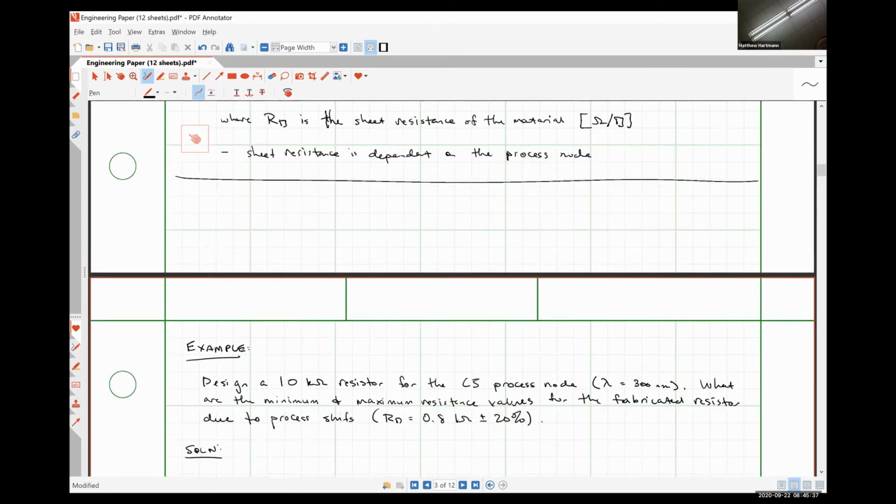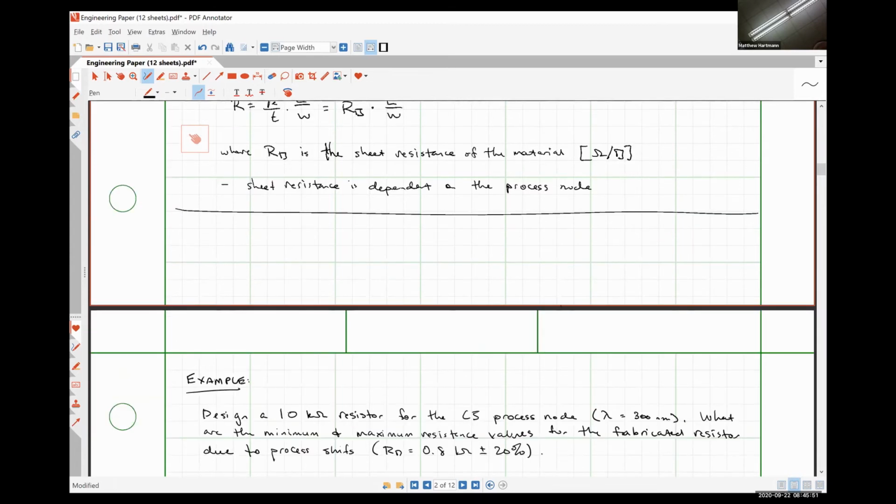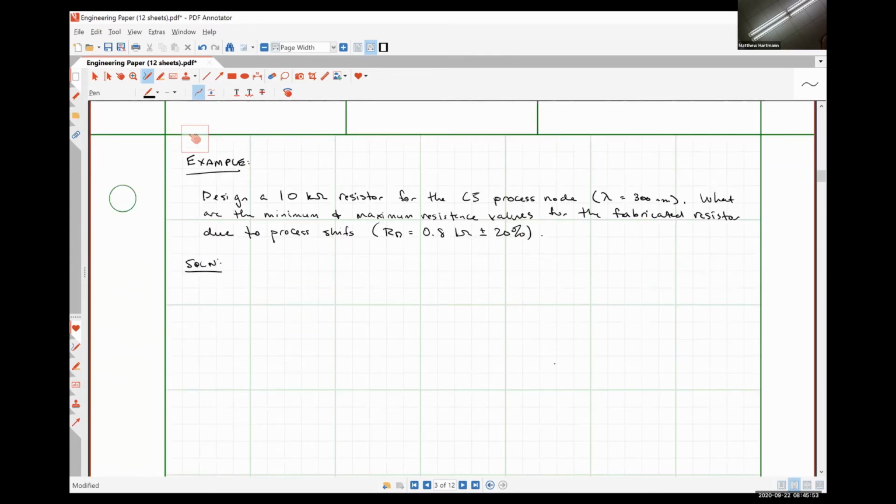The equation that we have up here isn't particularly difficult, right? We know what R is supposed to be. We know what R square is. So really, we just need to algebraically rearrange and solve for the quantity L over W, right? So if R is equal to R square times L over W, that means that 10 kiloohms is equal to 800 ohms times L over W, and we can solve that pretty easily.